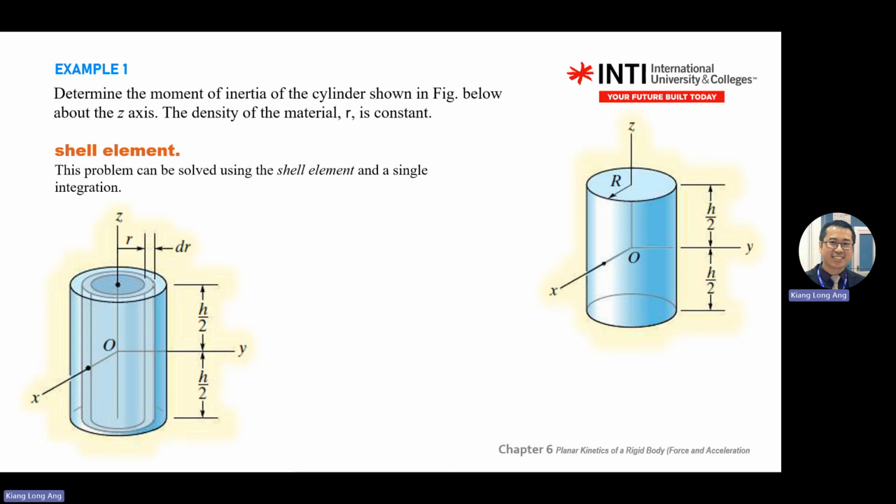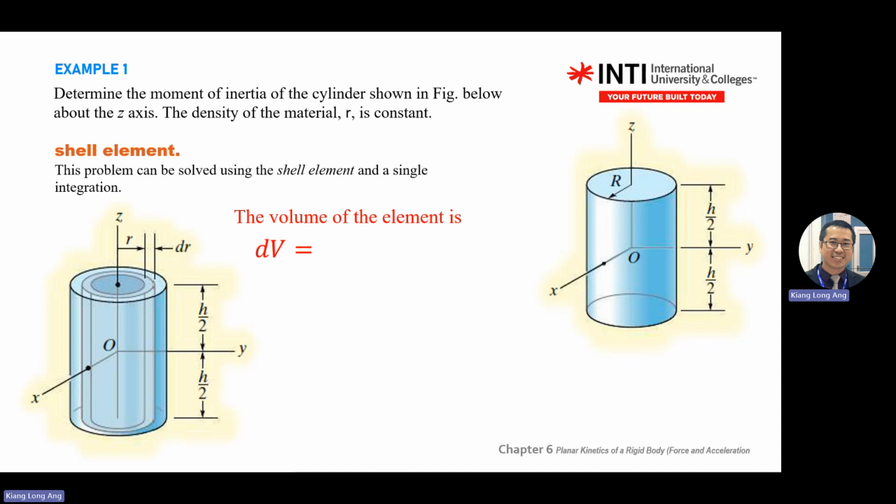Later in chapter 6, you will start to see questions that give you the center of mass, or ask you to find where the center of mass is. So in this case, at the center here, r, dr, these are the steps for the shell element because you're changing your Y direction or your r direction. Okay, so you start to find your volume.